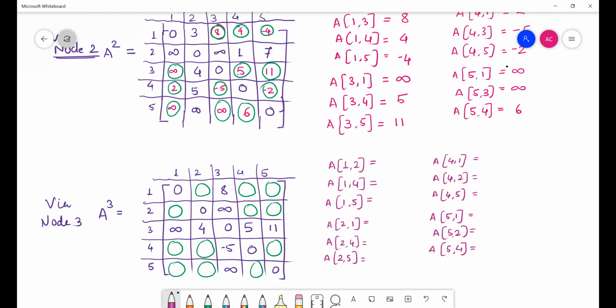Okay, tell me what's the thing? Sir, the first row will be 0, 3, 8, 4 and -4. Correct. Next row will be infinite, 0, infinite, 1 and 7.